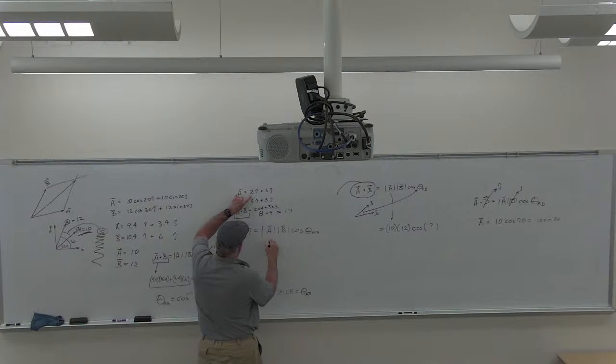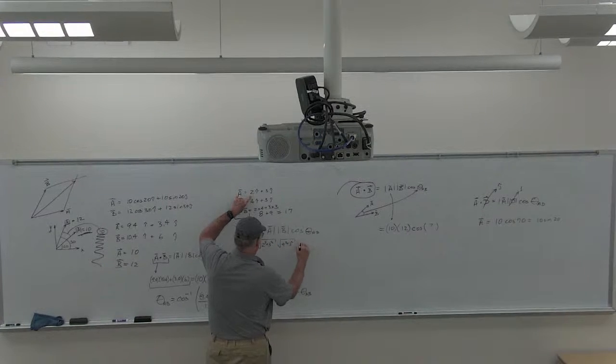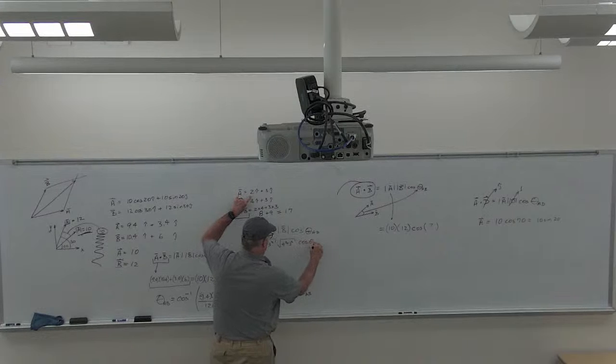Okay, so what's the magnitude of a? Square root of 2 squared plus 3 squared. Magnitude of b, square root of 4 squared plus 3 squared, times cosine of the angle.